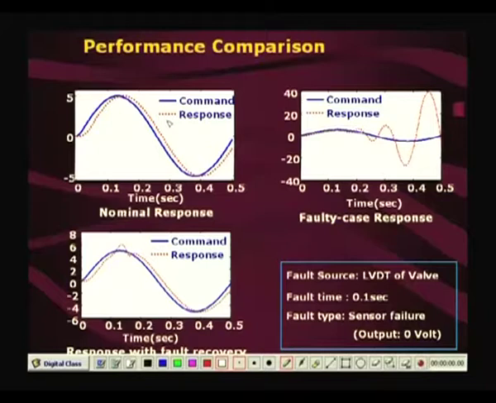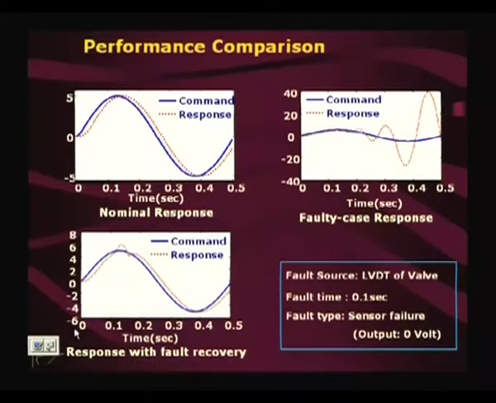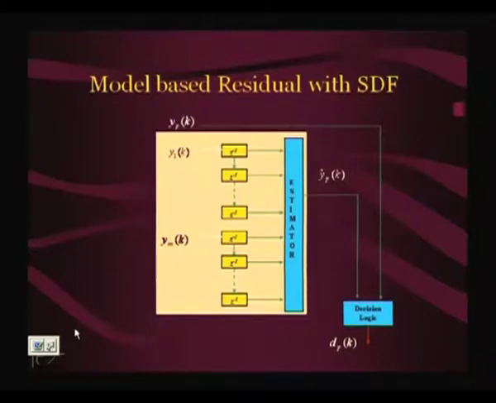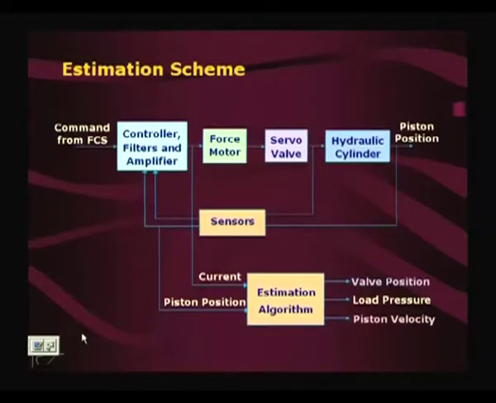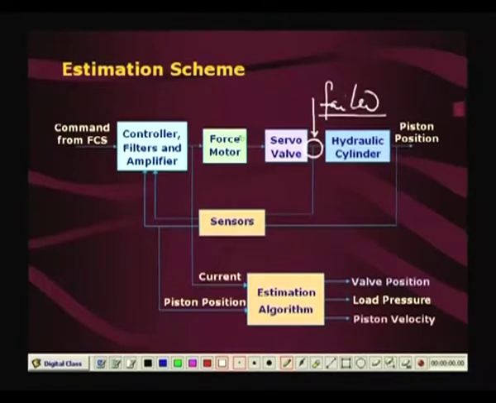Now if one of the sensors fails, what we assumed is that this sensor has failed and we wanted to create this sensor from this, which is current, and this is ram position.